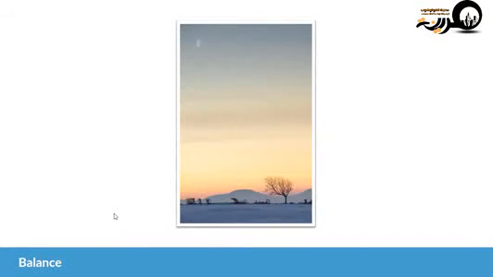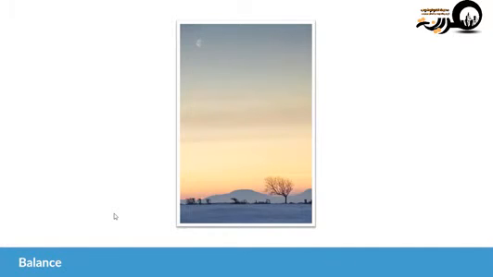Okay, so balance can be really, really subtle here too. I love this photograph. In this image, the tree on the bottom right carries a huge amount of compositional weight because it's a very prominent feature and because it's tonally much darker than everything else.